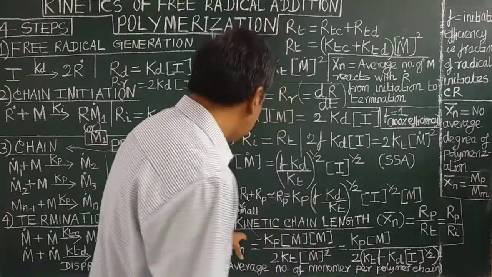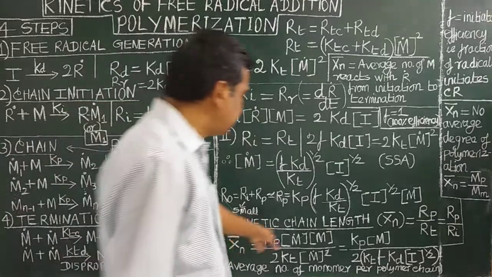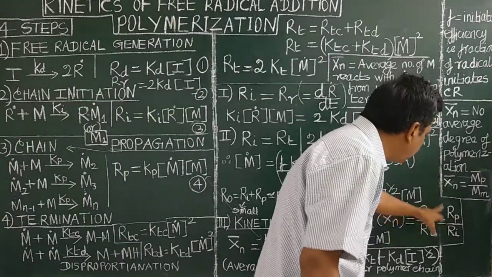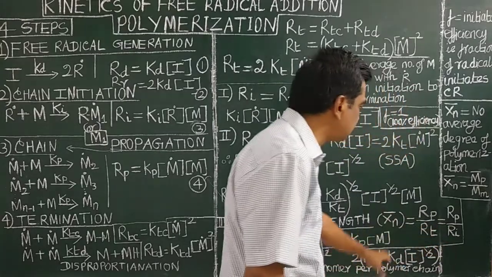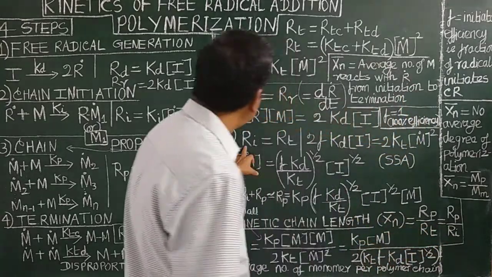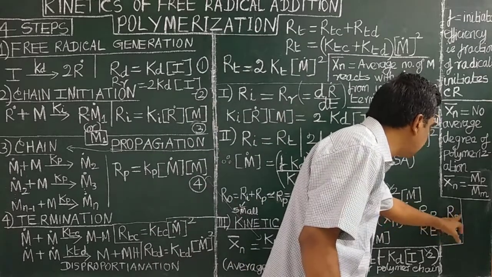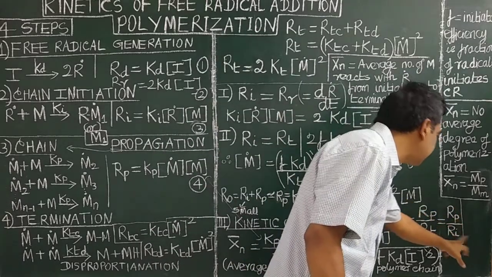Now how is it determined? It is determined from the ratio of the rate of propagation to the rate of termination. Since the rate of termination is equal to the rate of initiation, it can also be the rate of propagation divided by the rate of initiation.